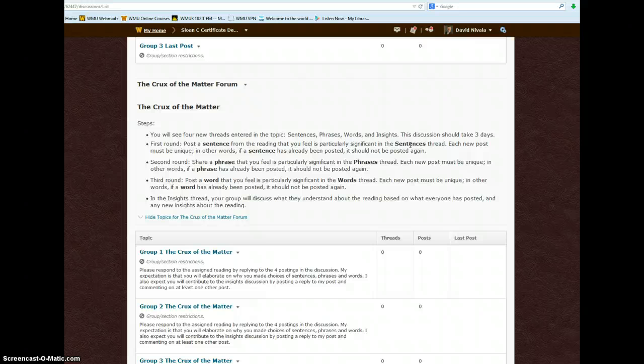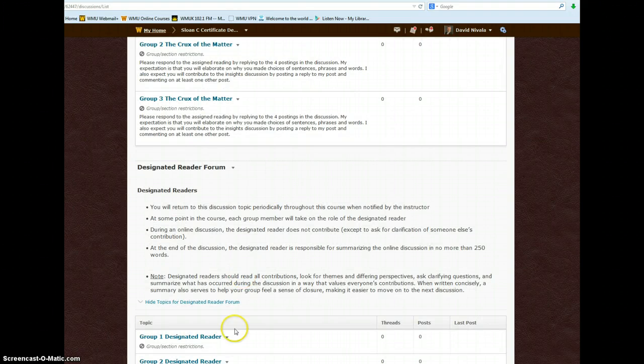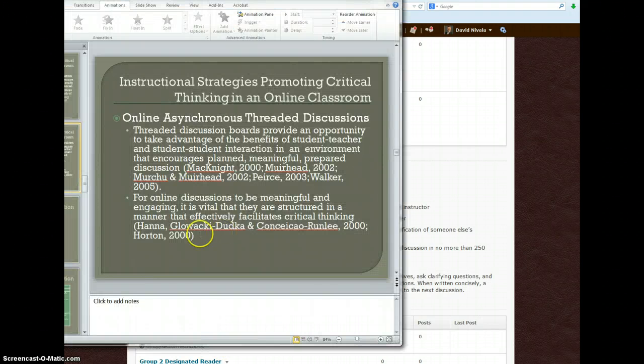Although this is text, some of the research that I saw was based more on visual responses or maybe stories. But this is asking for the first round: everybody posts their favorite sentence, favorite phrase, favorite word, and then the group will have a discussion about what everybody posted. So that's just an example of different types of discussion.